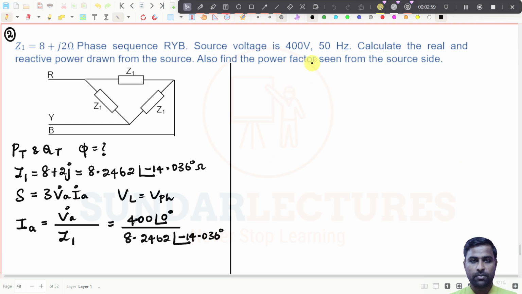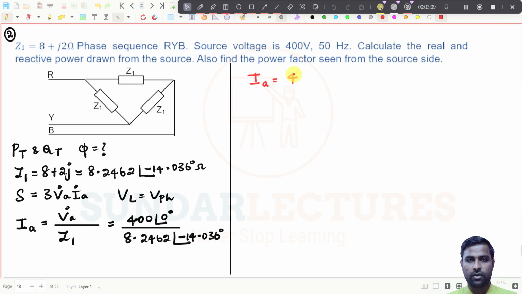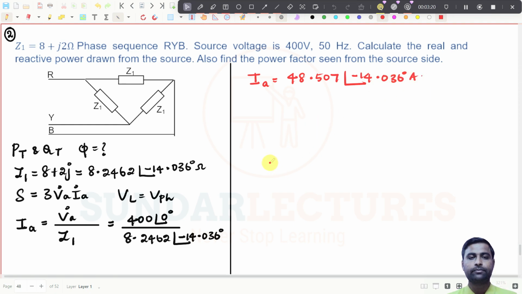So if you simplify this, I will get IA equal to 48.507 at an angle of minus 14.036 degree amperes, right? Maybe a phase current or anything it may be. So I found what this value is and I know what this value is, so you can easily substitute it now, right?